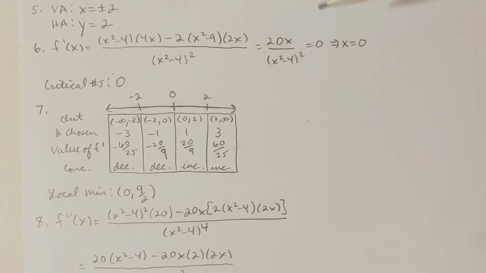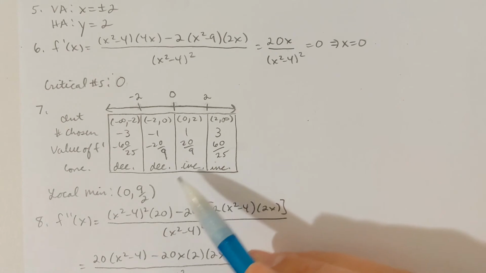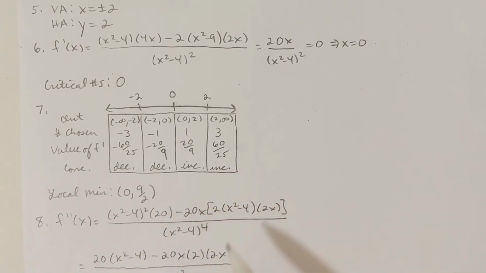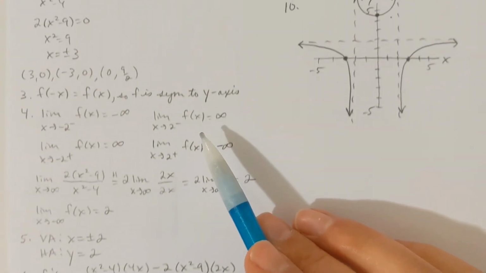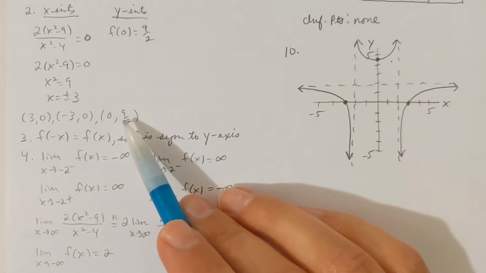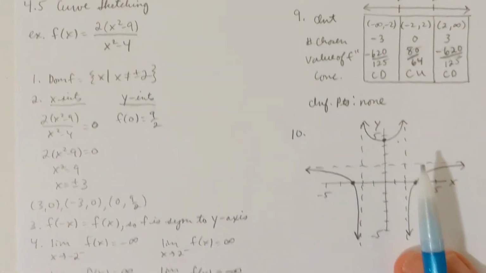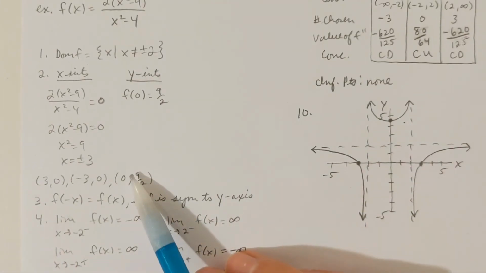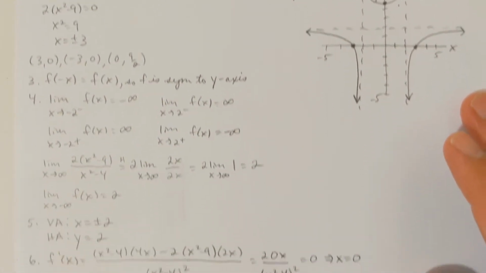Okay, we are changing from decreasing to increasing. That's going to produce a local min on the graph. It's going to produce a local min when x is 0, and when x is 0, we've already said that y would be 9 halves, right, when you plug 0 into the function. Okay, so that y-intercept is also a local min when I go to draw this curve here.